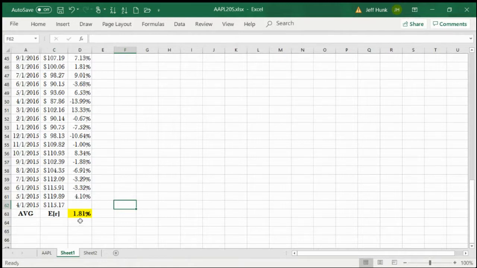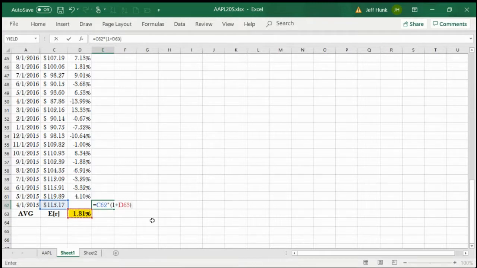So 1.81% doesn't seem like very much, but suppose Apple grows. This is the growth rate of Apple. Then starting from, let's just try this simply, if we compound this price, like the April 2015 price, 1 plus this, right?